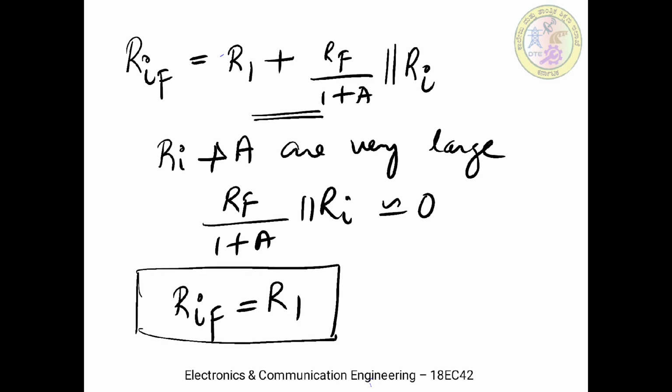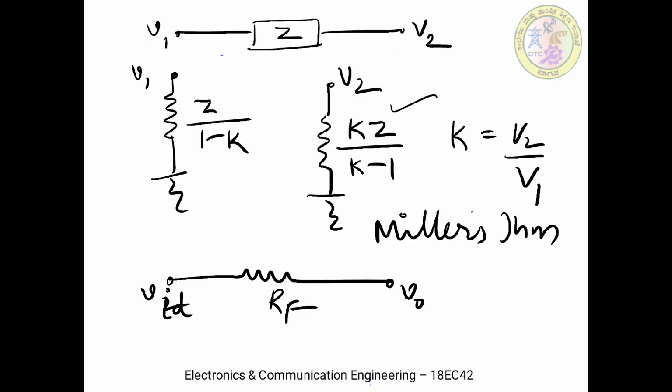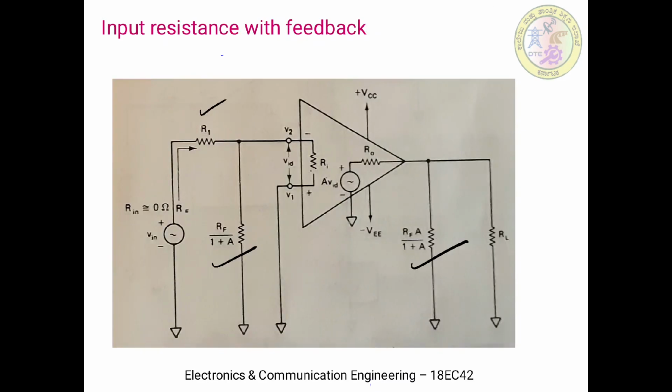Okay, so this is the expression for RIF, which is nothing but R1 only in case of inverting feedback amplifier configuration.